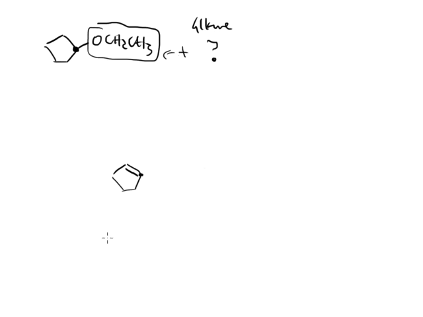I could have drawn it up or down. It doesn't really matter. It's the same whichever way I go because there's no difference in the sides of the molecule. So there is an alkene, at least in the very beginning now. And I need to know, what do I need to add to this in order to get this piece?